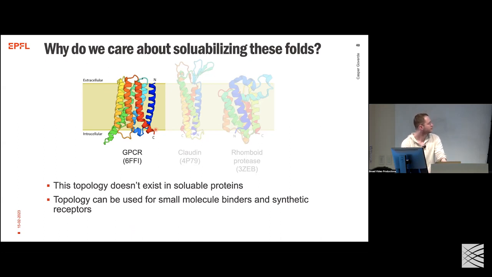Since GPCRs are excellent small molecule binders, this also gave us the idea that we can repurpose this topology as a small molecule binder, which we can do by either designing a new small molecule binding site de novo, or maybe transplanting back the small molecule binding domain from an existing GPCR.